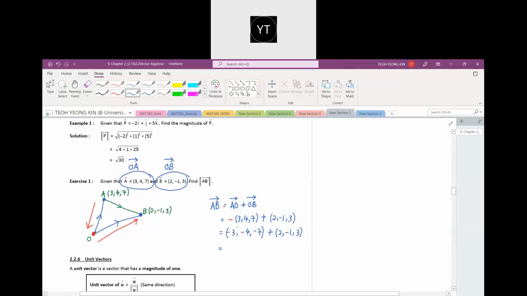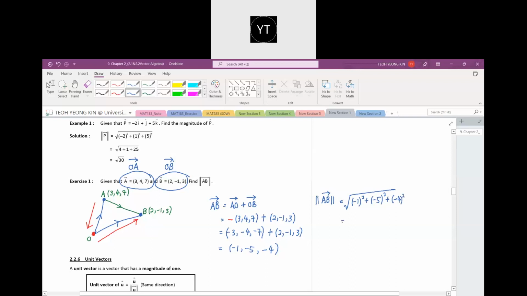So when I sum up this vector, negative 3 plus 2 is negative 1. Negative 4 plus negative 1, negative 5. Negative 7 plus 3 is negative 4. So this is the vector of AB. Finally, I can find the magnitude of AB. Again, the formula is square root of 1 squared plus negative 5 squared plus negative 4 squared.